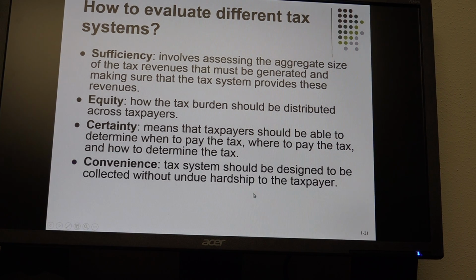Convenience. Certainly, convenience is determined by how it should be designed to collect without much hardship to the taxpayer, and certainly that's not true of our system. It's not very convenient. Although it's a pay-as-you-go system, so if you're employed by someone else, your employer takes it out of your paycheck for the most part. So from that standpoint, it is convenient.